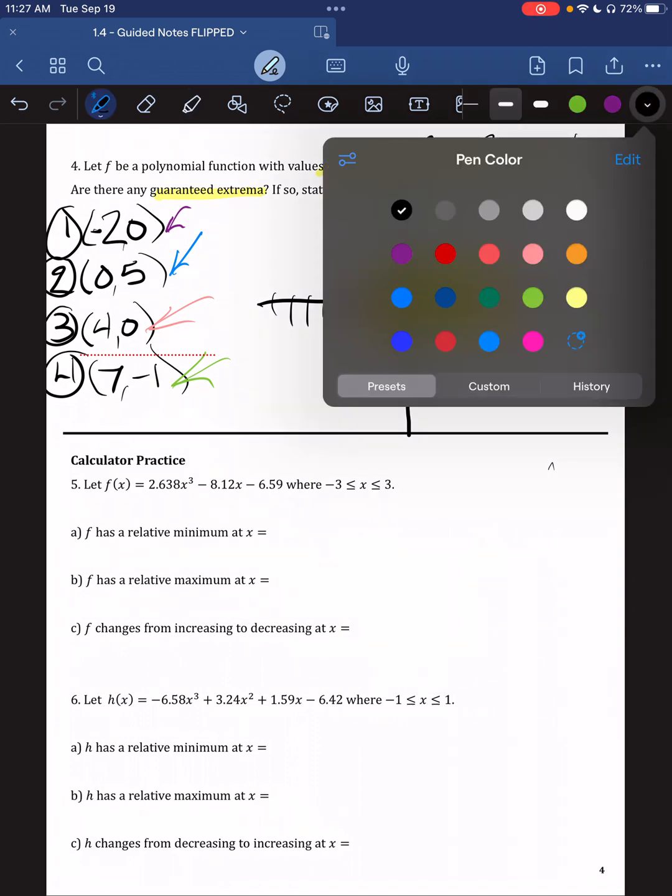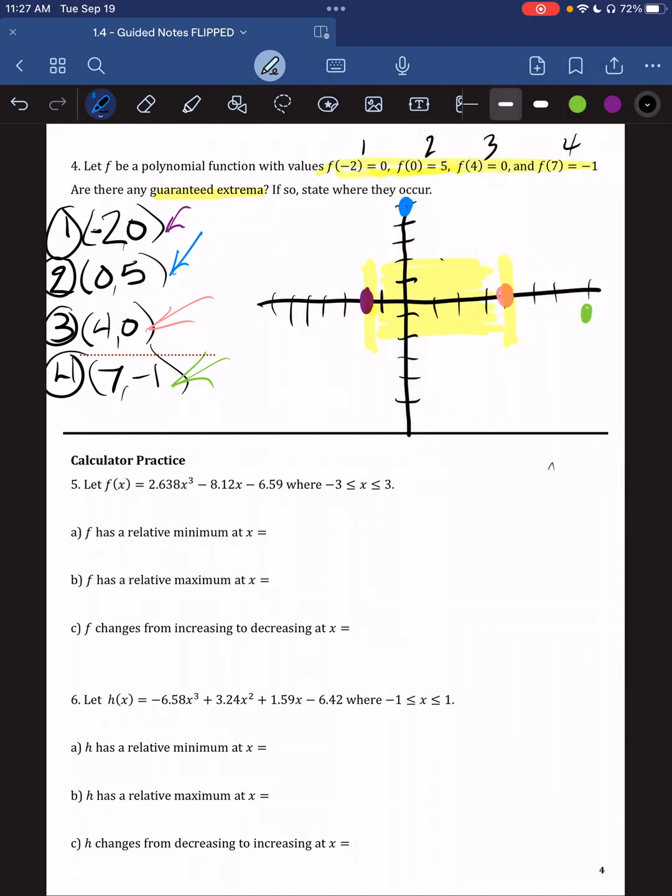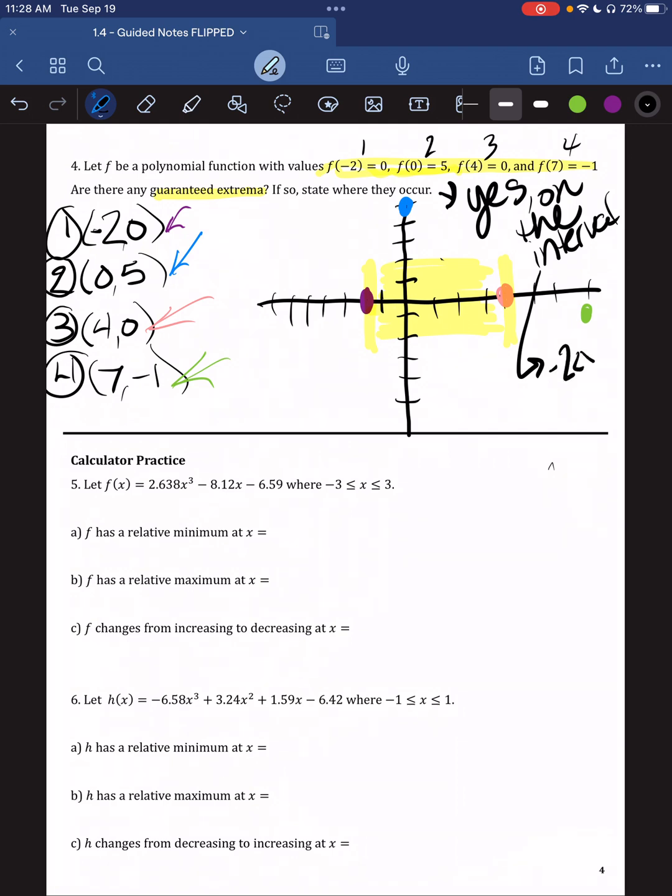So to answer this question, we would say yes, and it would be on the interval, again, somewhere between negative 2 and 4. If you want to write that as an inequality in interval notation, it's going to happen somewhere on the interval negative 2 to 4.